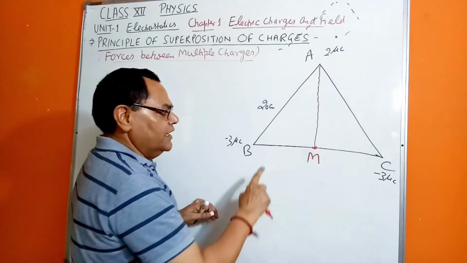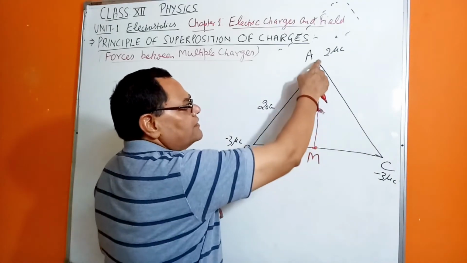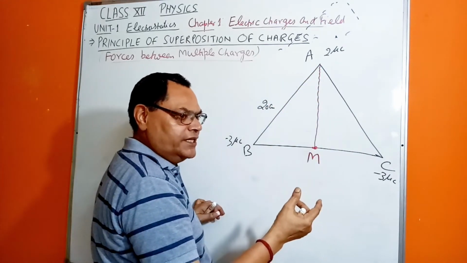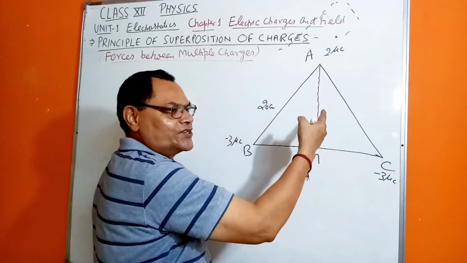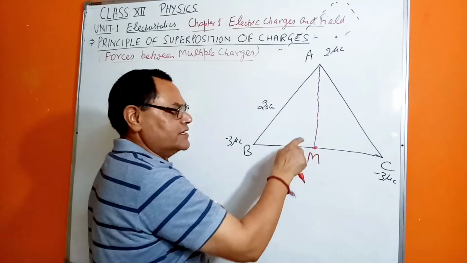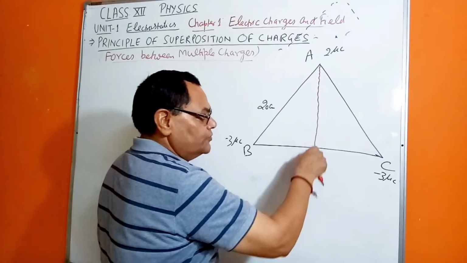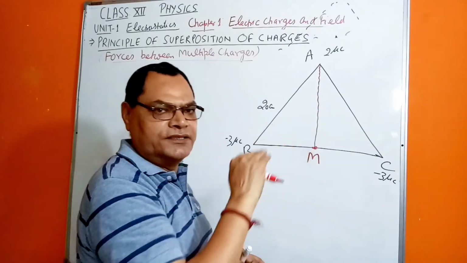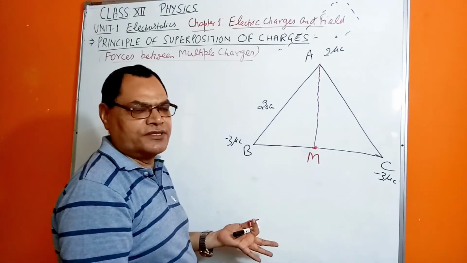Meaning thereby, because of B and C, A will have some force. Whatever that force is, it will be in a certain direction. So we have to place a charge such that the force between A and M becomes equal and opposite. That will be the solution.